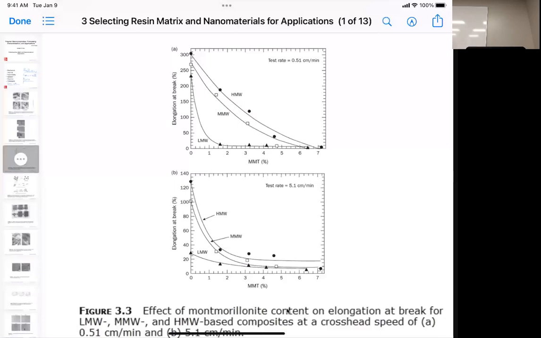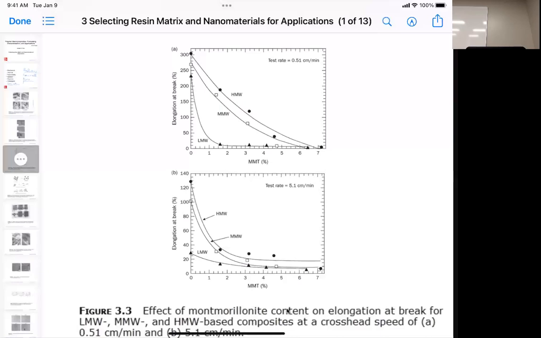And if you look at the test rate, it's like 0.5 centimeter per minute, and it is showing the abrupt behavior. At the higher test rate, it should show the abrupt behavior. And on the opposite side, at the higher rate, it's showing the tactile behavior. Oh, I see what you're talking about.